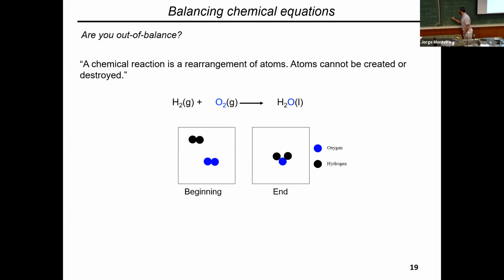And if you want, you can put a number 1 in front of the oxygen. So this way, now all the elements are balanced and the reaction is balanced. Reading the reaction, 2 moles of hydrogen reacts with 1 mole of oxygen, producing 2 moles of water. So that's the story that the chemical reaction will tell us and give us all the proportions that we need.